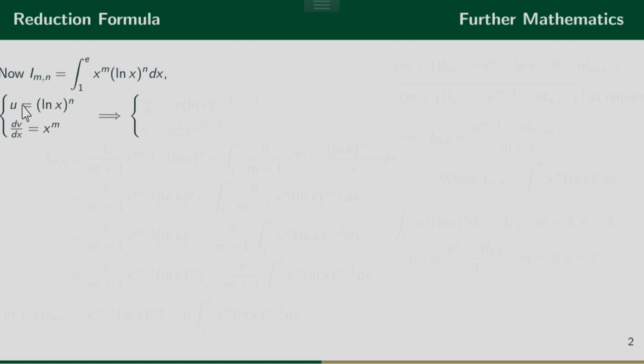Now, let me look for du/dx by differentiating this function. I can apply the chain rule to differentiate this, because this is a function of a function. How do I apply the chain rule here? I bring down the power, I maintain the function, I subtract 1 from the power, and I multiply by the derivative of the function.